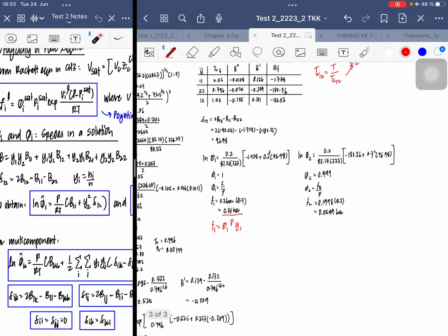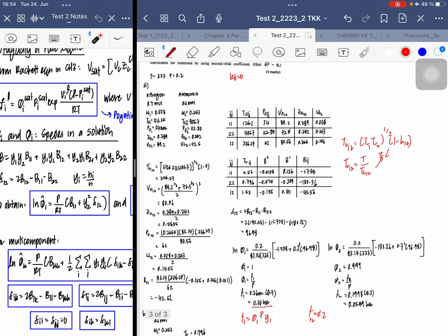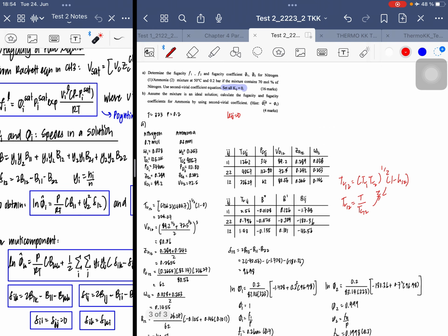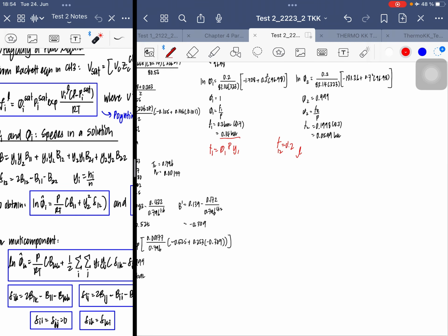If both F1 and F2 are 0.2, what it really means is that both species have the tendency to be in liquid state instead of vapor state, since it's not close to 1 for the molar fraction of vapor.